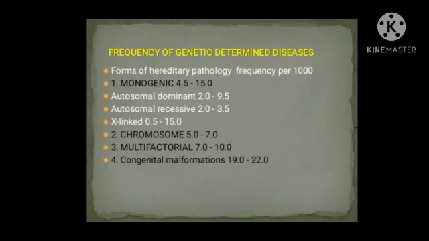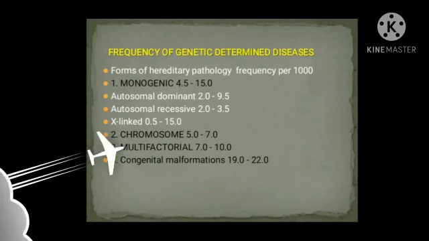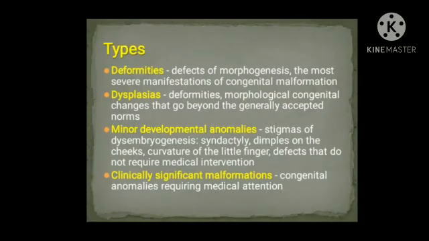And congenital malformations are more frequent, because it is not a disease but a malformation that is more often met in newborns, and in statistical data it means 19 to 22 types of genetic disorders or congenital malformations.